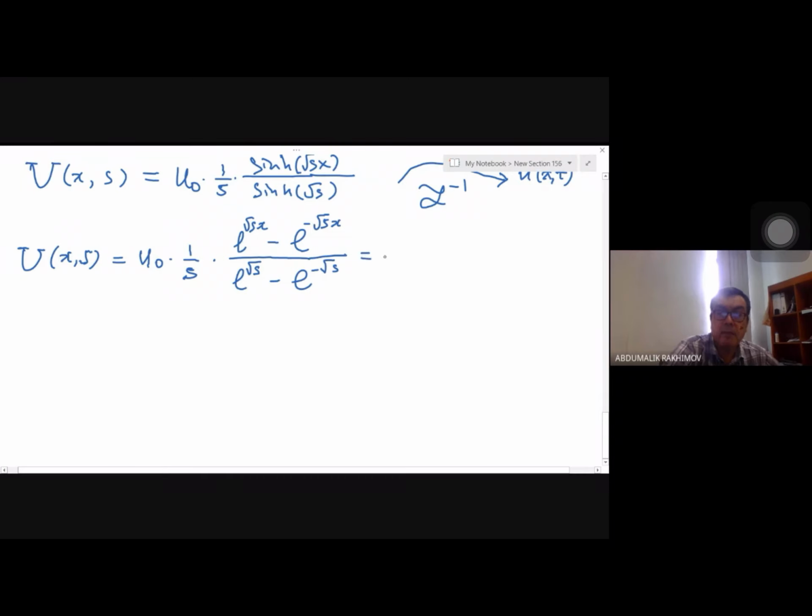Let me write it like this: u0, I will not touch u0, times 1 over s, I don't touch this. Let me not touch the numerator, exponential root of s x minus exponential minus root of s x. I want to take out this exponential root of s outside of the bracket. Inside this bracket will be 1 minus exponential minus 2 root of s.